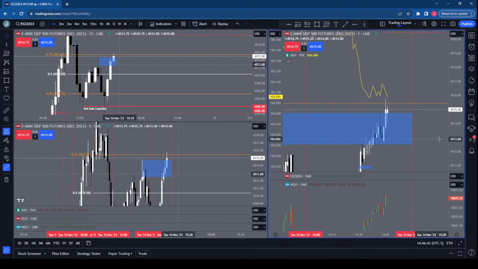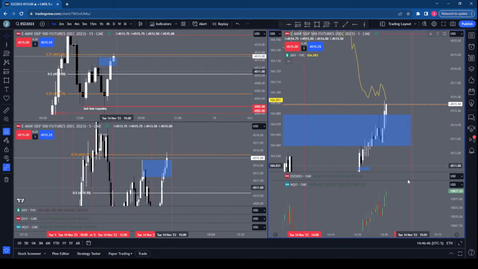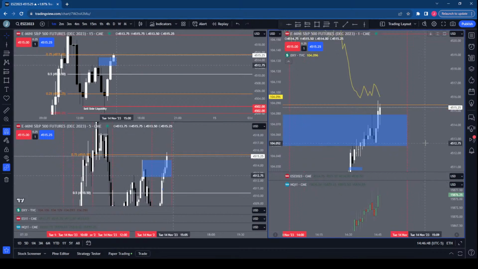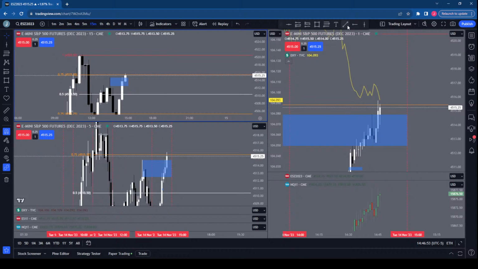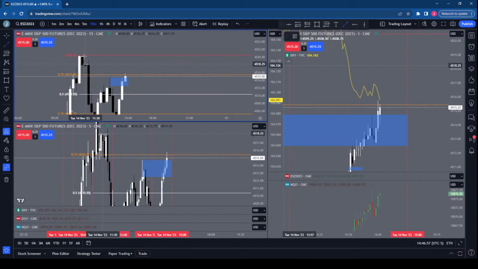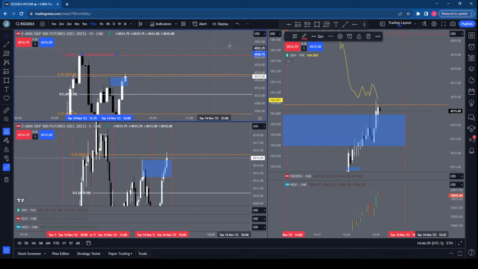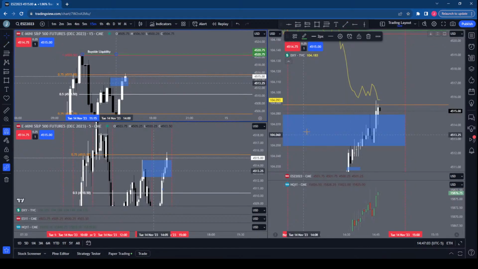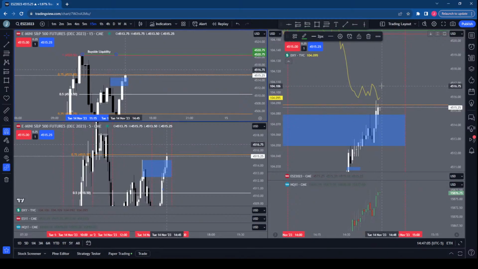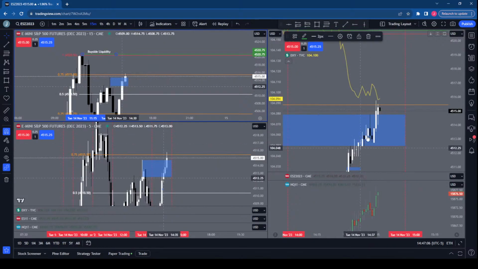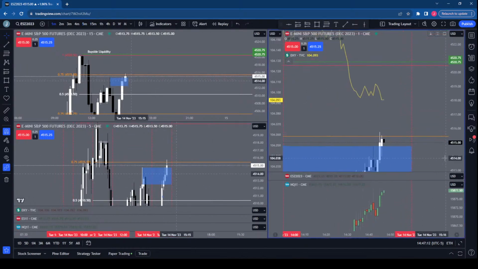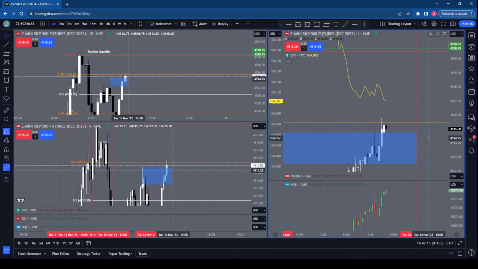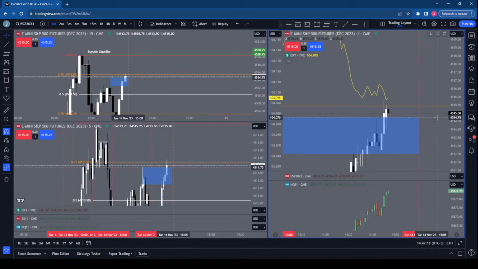Waiting for a fair value gap. I think the buy side is the high of the day. It's not giving us much in terms of fair value gap entries. That's okay. Gonna be patient.